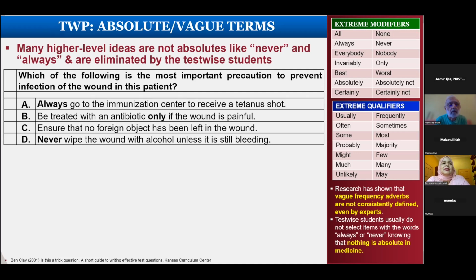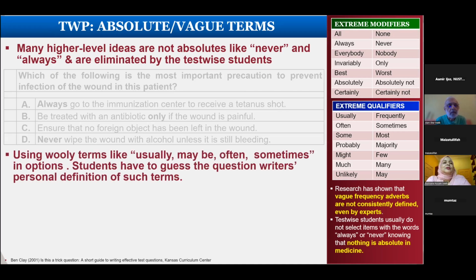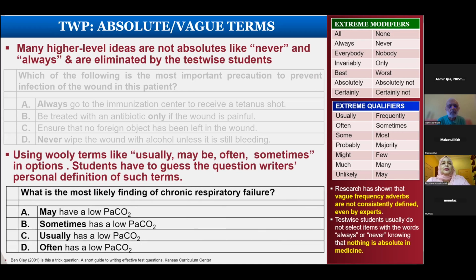Even if they don't know, they will tick option 3 and leave it to Allah that it will be the correct answer. Using woolly terms like usually, maybe, often, sometimes in an option will again help the student guess the right answer. Terms like may have a low PSU2, sometimes have a low PSU2, usually or often are bad choices of words and should not be used.